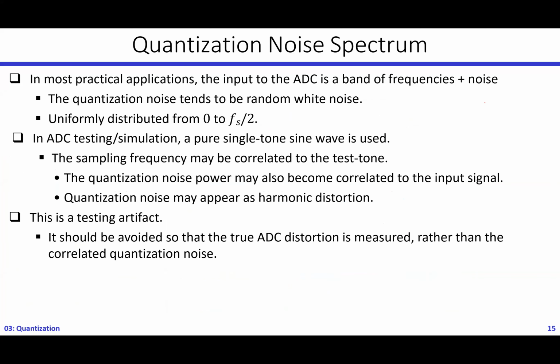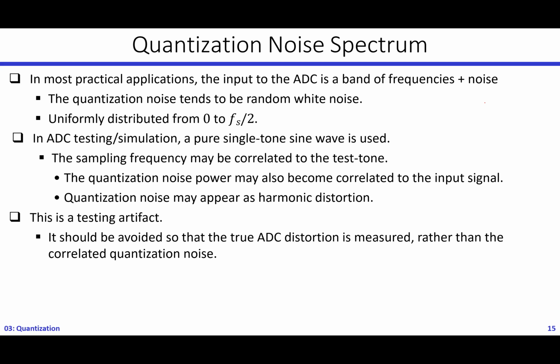Okay, so in most practical applications, our input signal to the ADC is a band of frequencies plus some noise. So it's not just a single frequency, it is a band of frequencies. For example, if you work on an EEG signal, your band of interest lies from millihertz until, let's say, 100 or 70 hertz.